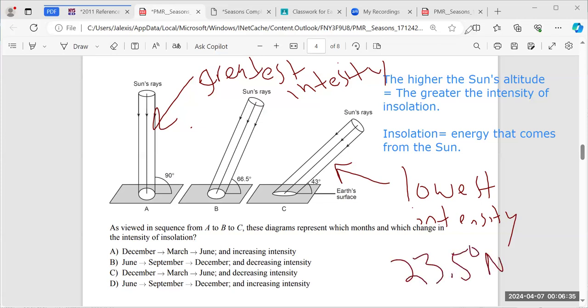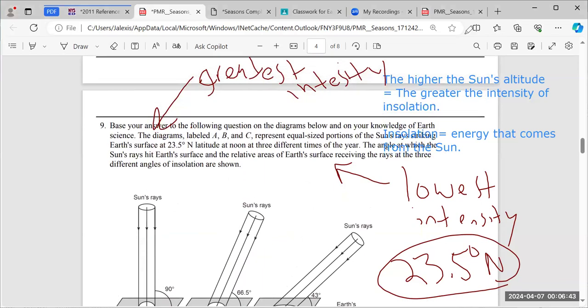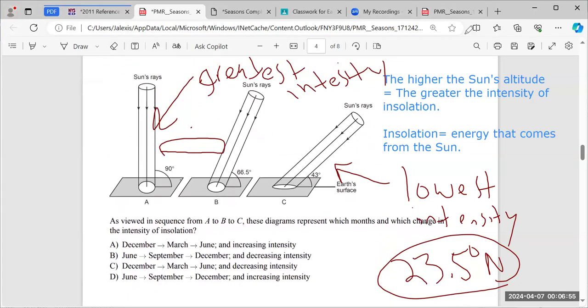Because I'm at 23.5 degrees north, where do I get that from? It tells you right here, the location. That lets me know that during the summertime, I'm going to get the greatest intensity because that's when the sun is the highest.